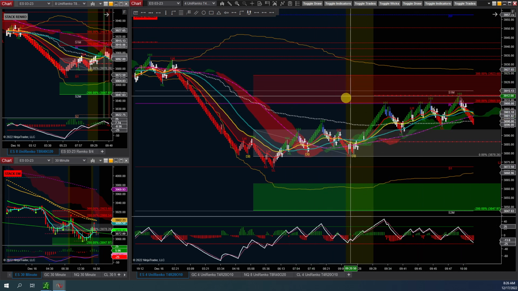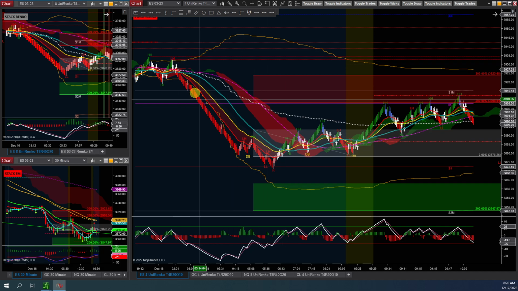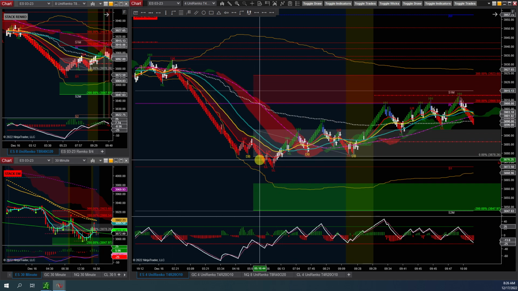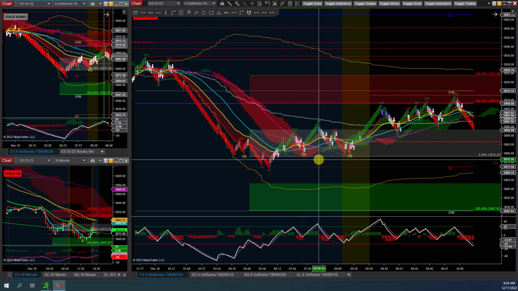Okay, so in a range market, and we are in the range now because of this move, we are within this big retracement right here.